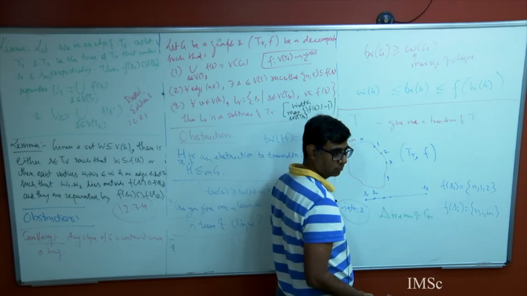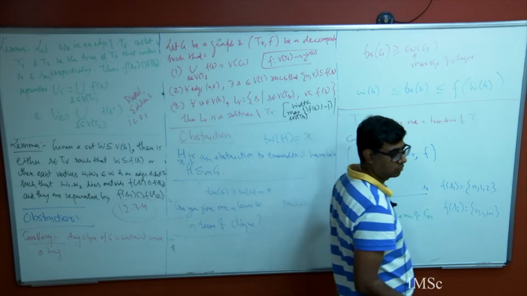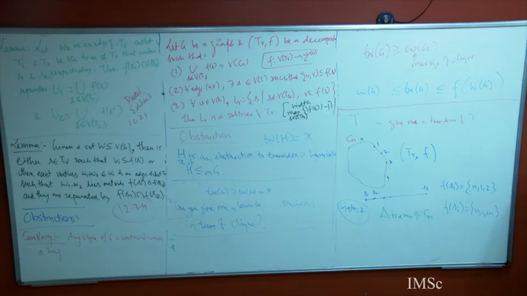So, the separator is like the intersection of... no, I didn't get what you're saying. In order to separate a cycle you need to delete at least two edges, as well as two vertices. Fine, and we gave a separator with an intersection, right? So it has to be of size at least two.